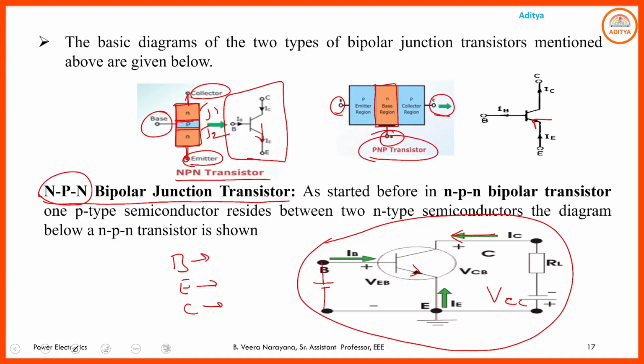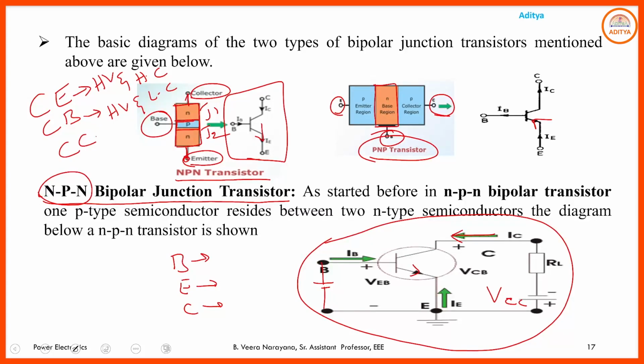For this NPN transistor, we have three different configurations: common emitter configuration, common base configuration and common collector configuration. The common emitter configuration is used for high voltage and high current gain applications. The common base is used for high voltage and low current gain applications.